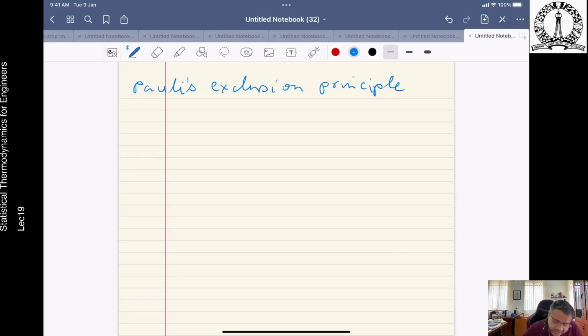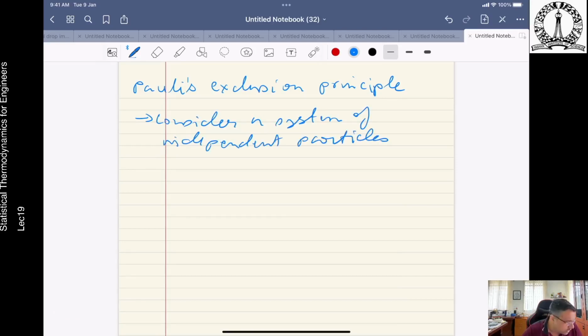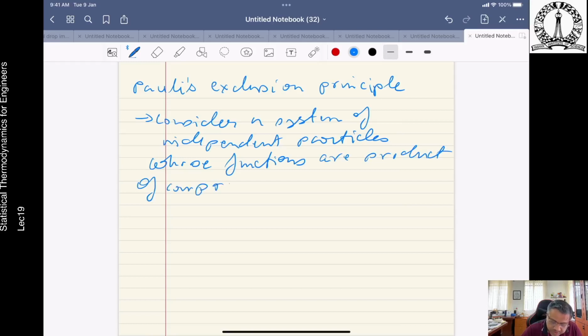Now, to rationalize this, let us consider a system of independent particles, whose wave function is multiplicative, a product of the component wave functions.